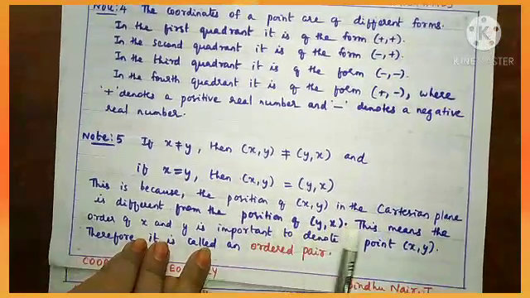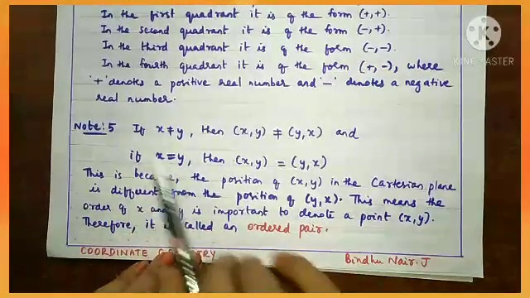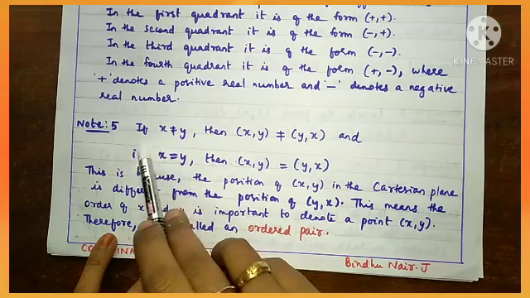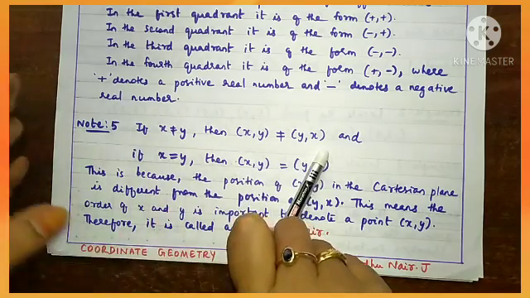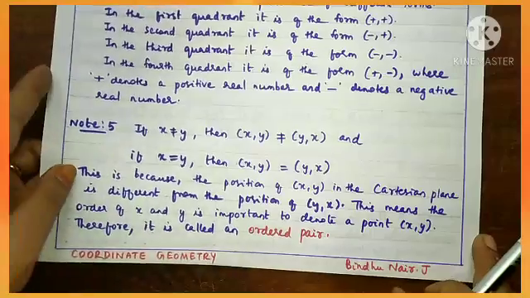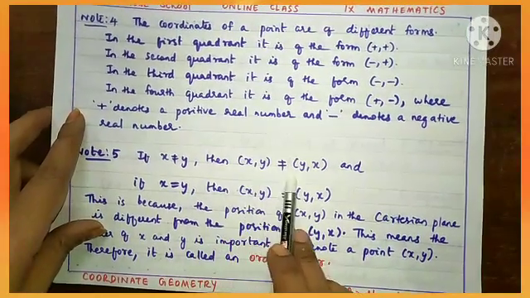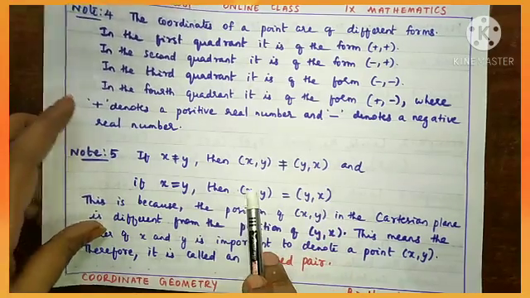Understood? Now next, if x is not equal to y, then (x, y) is not equal to (y, x). We said this before also: when the x and y coordinates are there, (x, y) will not be equal to (y, x), because each point has a unique position.